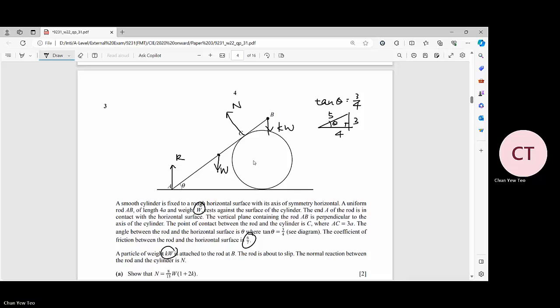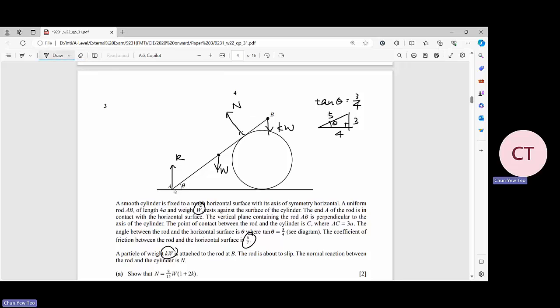And you should know that this one is 2a, this one is a, and this one is a. I will erase this, I don't want to make my diagram so complicated.